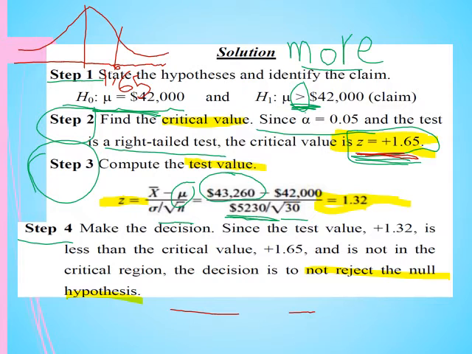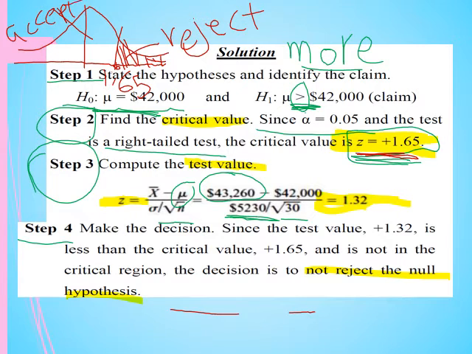So this is the critical value. It divides all the region under the curve into two regions. This is the rejected region and this is the accepted region.